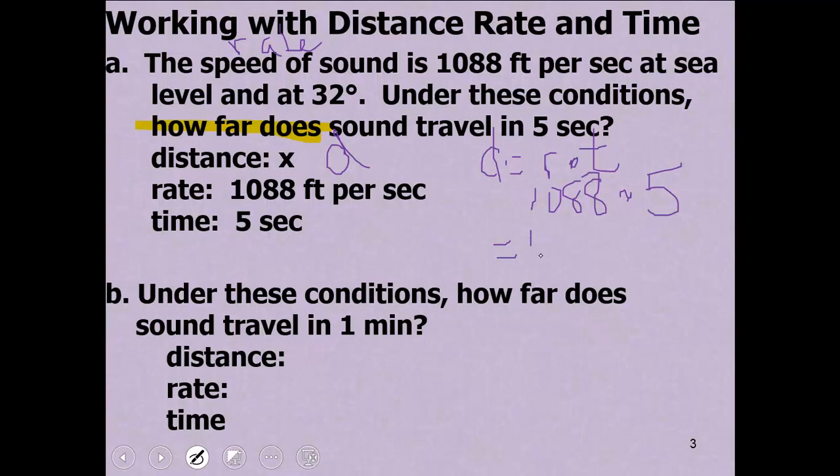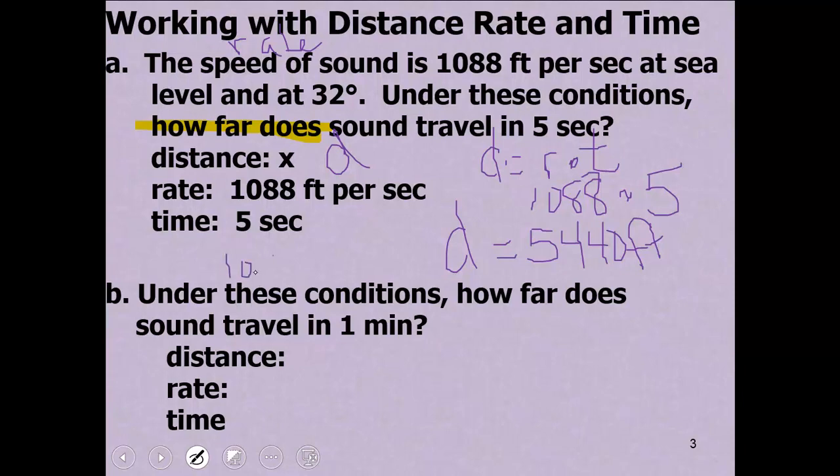Well, whatever that number is times 5. That's 5,440 feet in 5 seconds. That's our distance. D is equal to 5,440 feet.